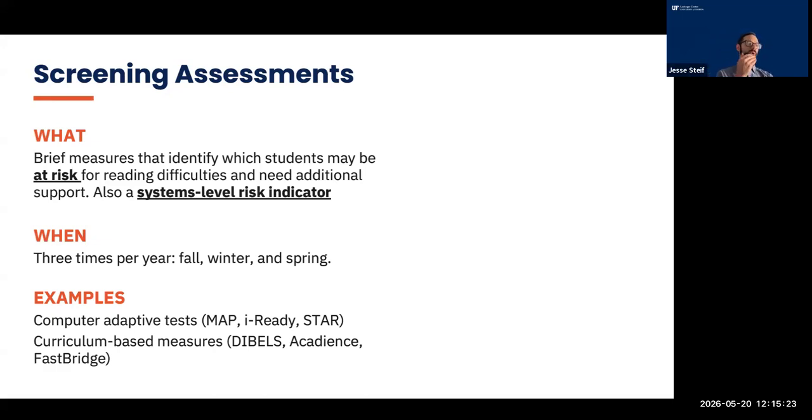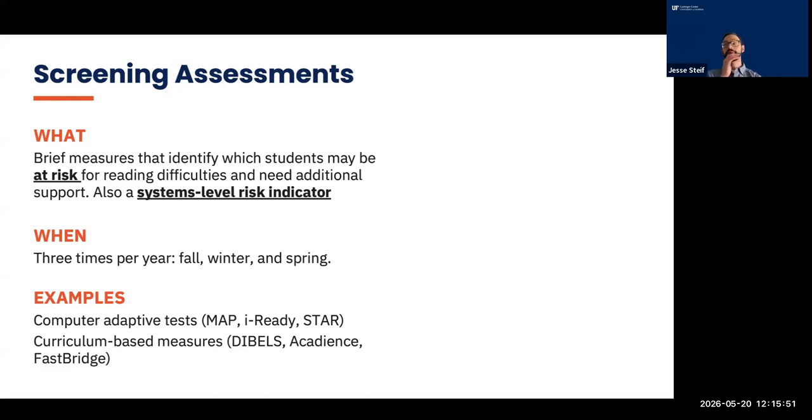And so that concept of risk also applies to our tier one. So we know that when, say, 80% of students in a class or in a grade level or at a school are meeting benchmark, our tier one instruction is healthy, and it's meeting the needs of most students.